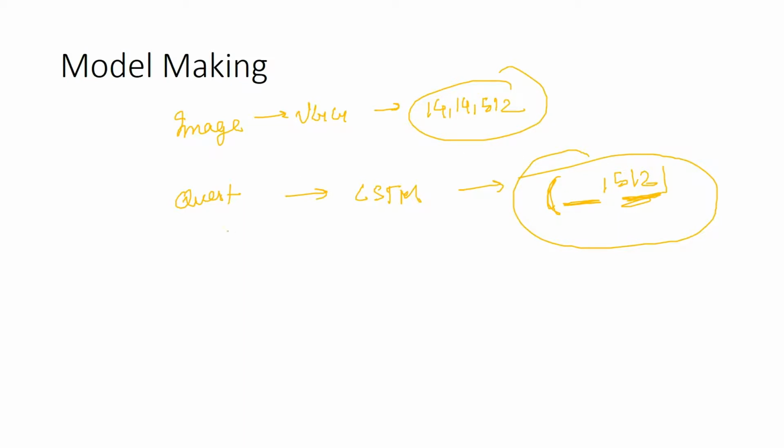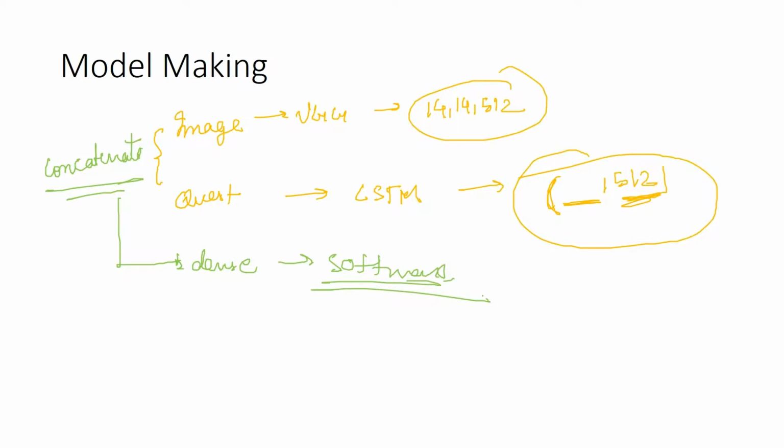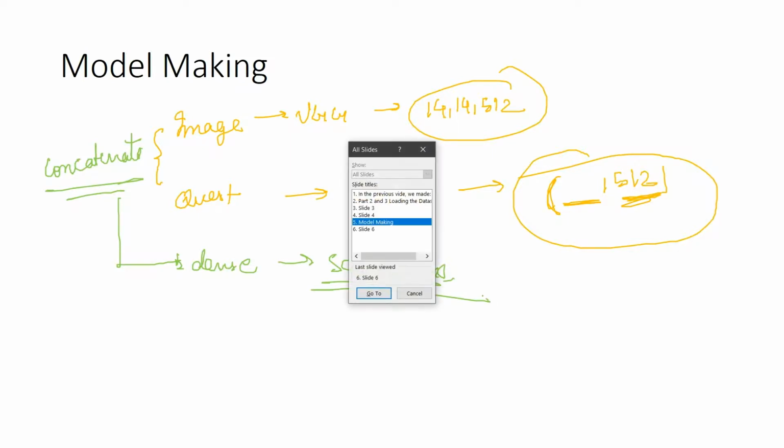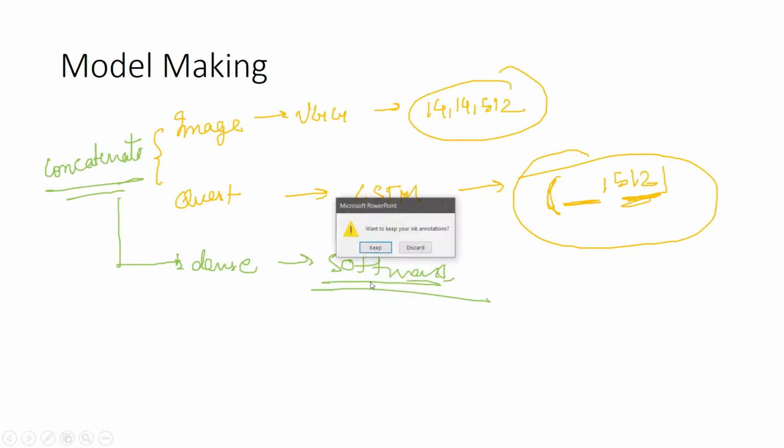Then we concatenate both of these, pass it through some dense layers, and the final layer would be the softmax activation function, and we are done. Let me show you this in the code, and then we would see the result.